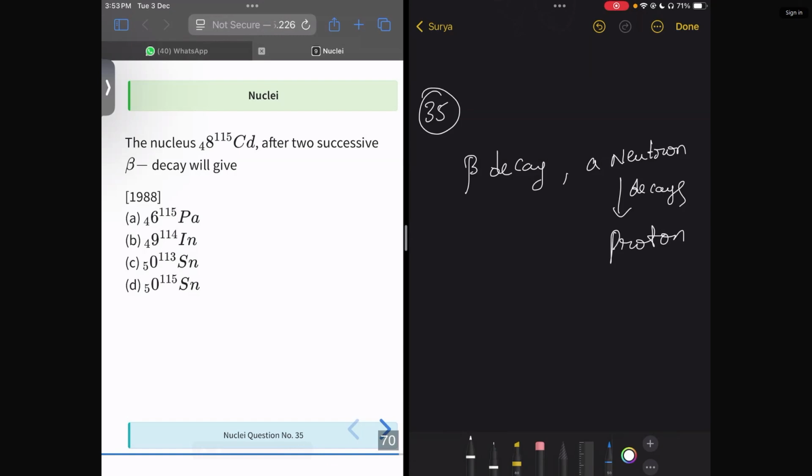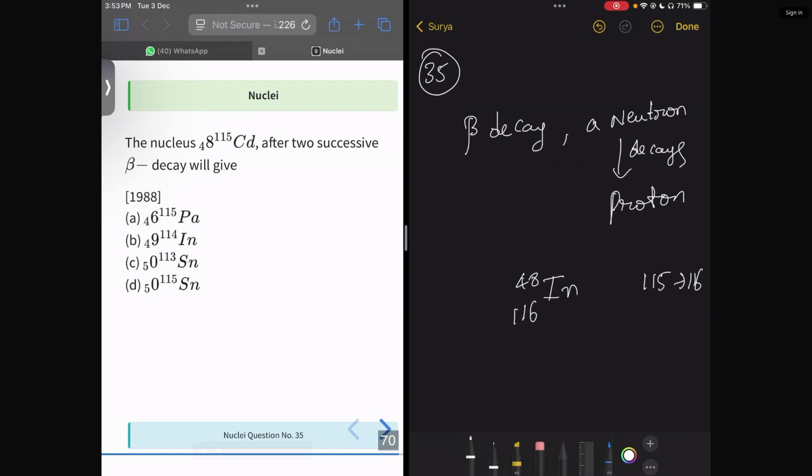Let's analyze this one. 48-115 Cd undergoes a beta decay, converting a neutron into a proton, and it will become indium, atomic number 49. The newly formed indium goes through beta decay again, and the atomic number increases to 50.